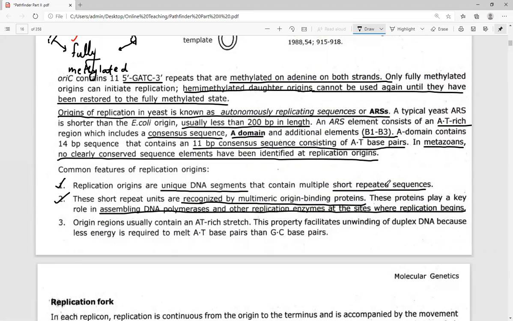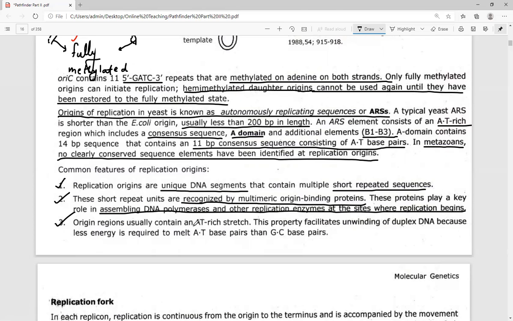Origin regions always contain an AT rich sequence of DNA. This property helps in unwinding the DNA double helix.